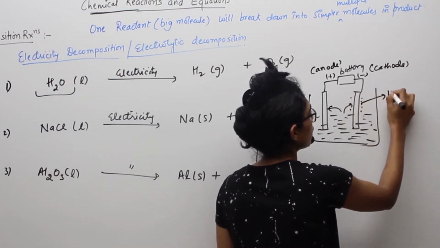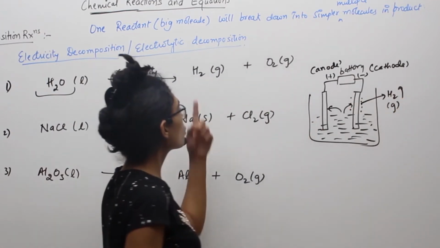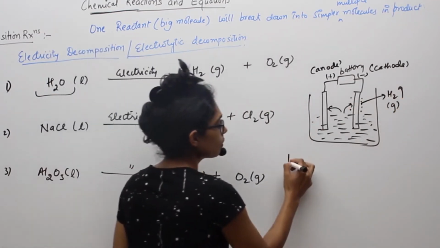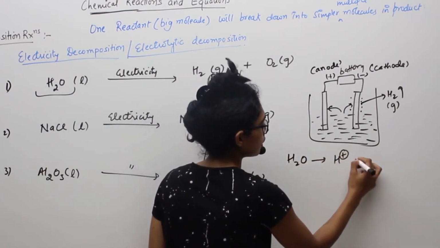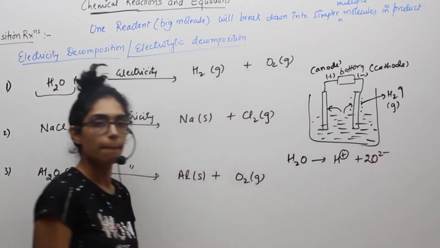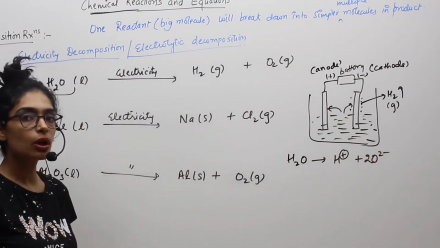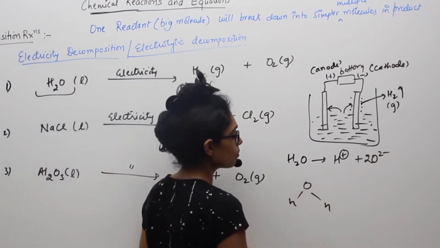will come from the cathode. When you talk about water, it will break down as H+ and O2-. Water has oxygen-hydrogen bonds.